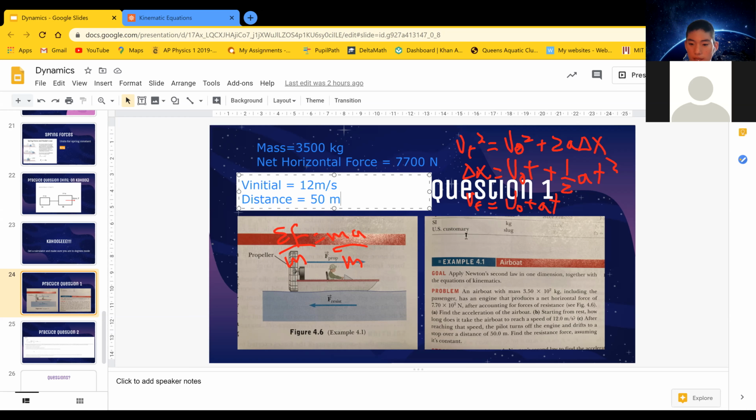Oh yeah, and when they tell us the pilot turns off the engine and drifts to a stop, you see, to a stop, that tells us that v final is equal to 0 meters per second, because it's when it starts and when it stops. What variable? A, okay. How about Rachel?